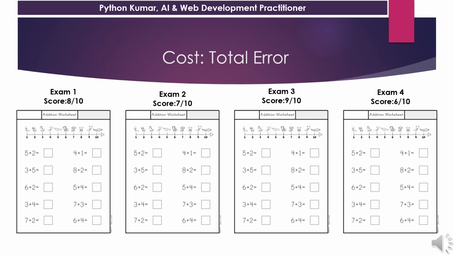After learning from examples, my cost is 10, that is I made 10 errors in the 4 exams following the linear regression.